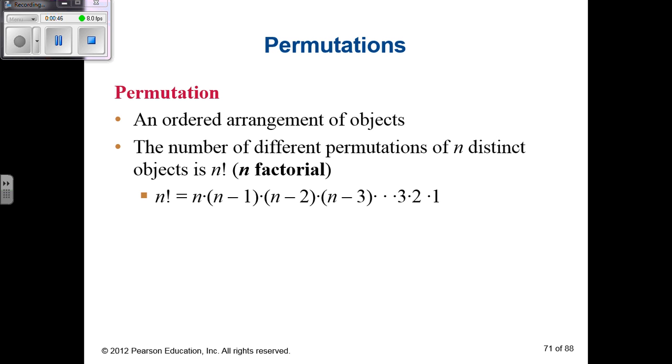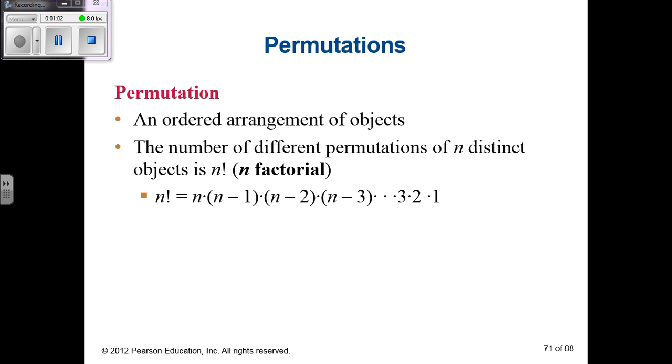Now, before we look at the formula for permutation and continue on looking at permutations, we need to consider another definition. N factorial is denoted with n with an exclamation mark.